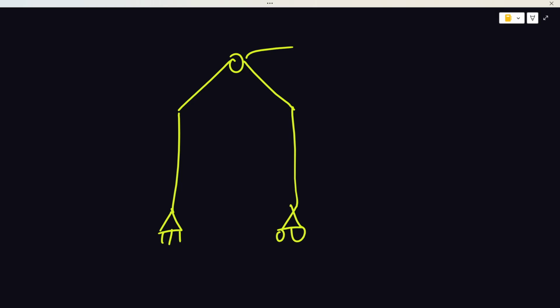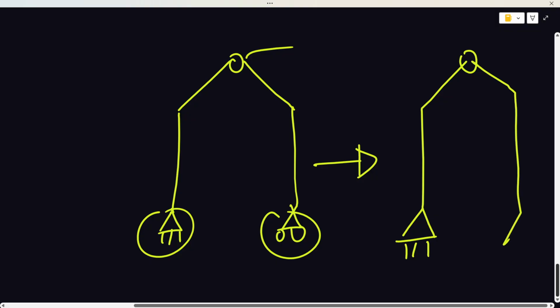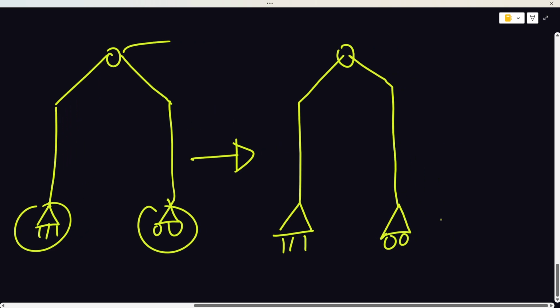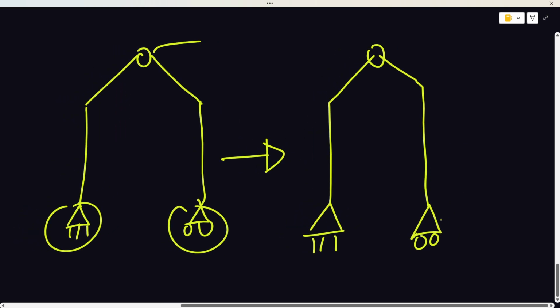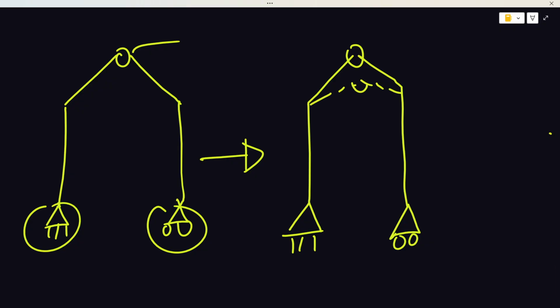So this structure, if I remove the support, I would have something like this. Remember that internal hinges can't resist rotation. So eventually there will be a displacement compared to its original, and it will be significant. It can even drop.